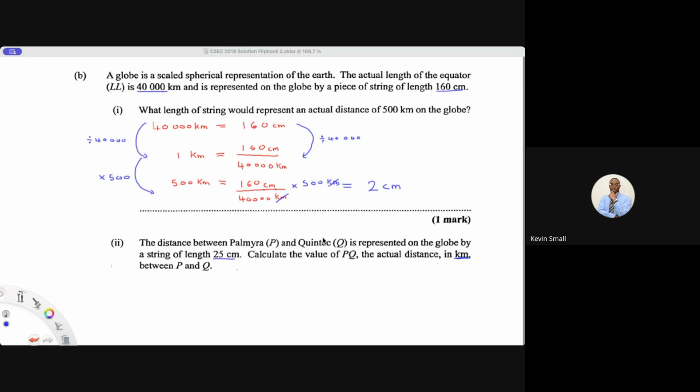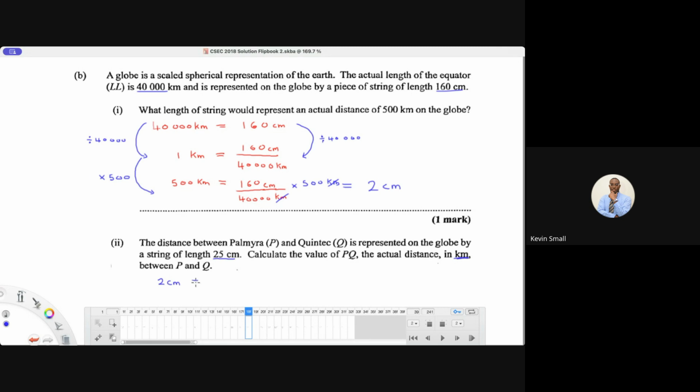All right, so let's go. She is correct. Well, this is how I figured you could work it out. There's always more than one way you can answer it. If 2 centimeters is equal to the 500 kilometers, 1 centimeter would be equal to 250 kilometers.